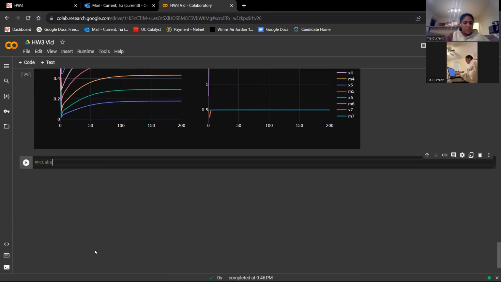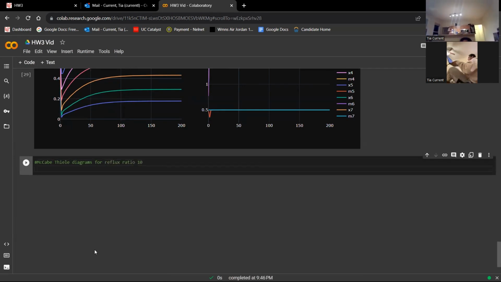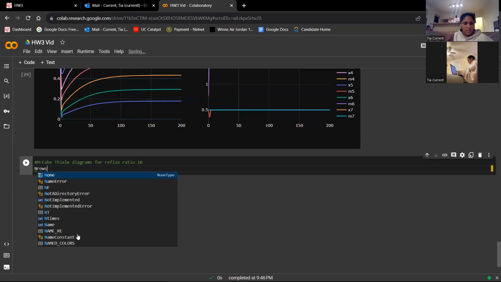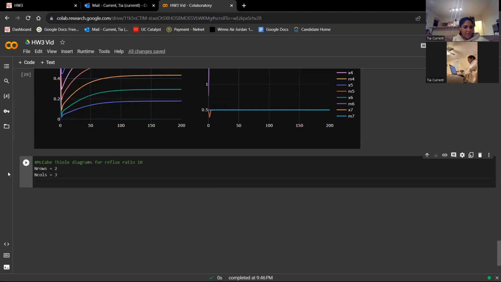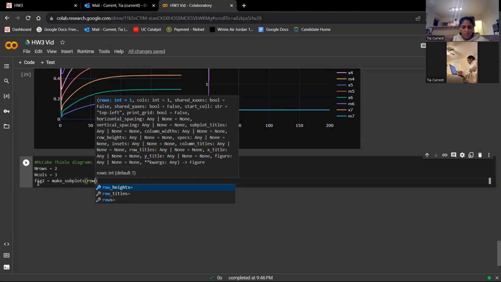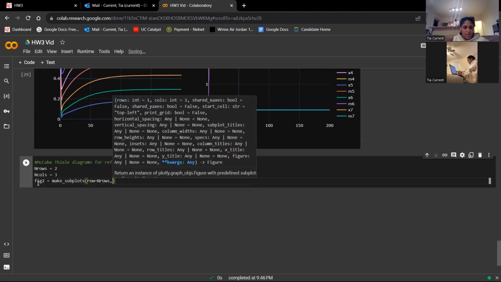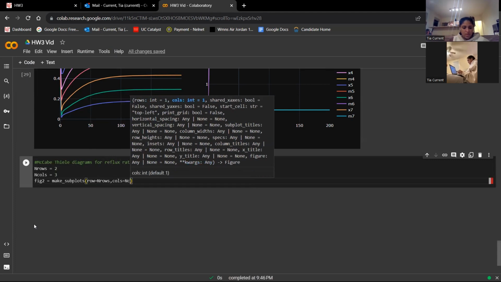Now we're going to make the McCabe-Thiele diagrams for reflux ratio 10, and cross my legs. n_rows is equal to 2, n_cols is equal to 3, and my meeting ends in 10 minutes. n_rows equals n_cols.